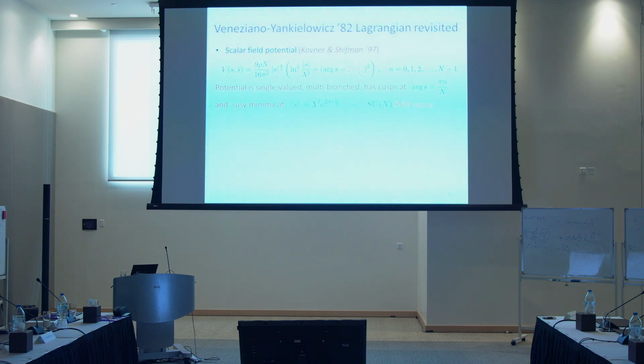So the potential, as you can see, is single-valued, but multi-branched, in the sense that to keep it single-valued, we should also change the values of n when the argument of S varies, as we will see. And this potential has cusps when the argument of S is equal to πn divided by N.